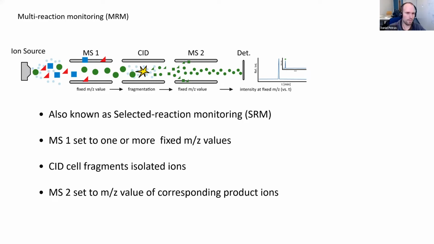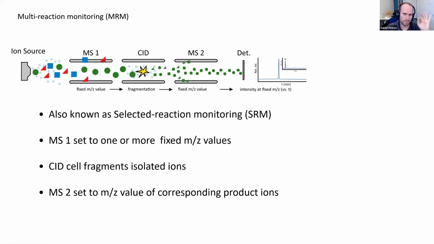So if you set your mass spec 1 for 300, and you know my molecule has these masses after fragmentation, or the fragments have these masses, then you have two steps of criteria that need to be fulfilled in order for a molecule to cause a signal here. Basically this provides you a very high selectivity.